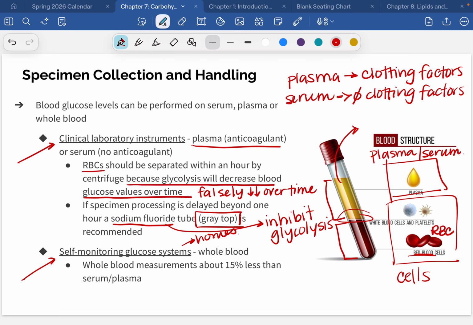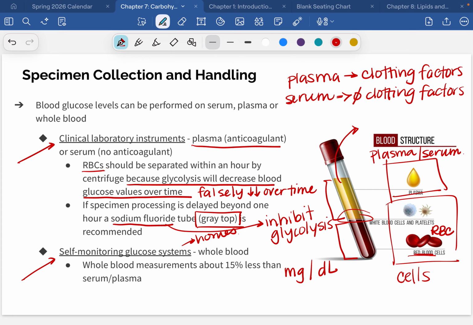Now, it's important to remember that whole blood measurements are actually about 15% less than serum and or plasma, because those red blood cells physically take up about 10 to 15% of space within that tube. Okay, so remember that we're measuring weight per volume here. The measurement is milligrams per deciliter.